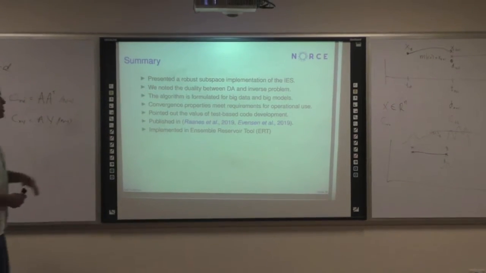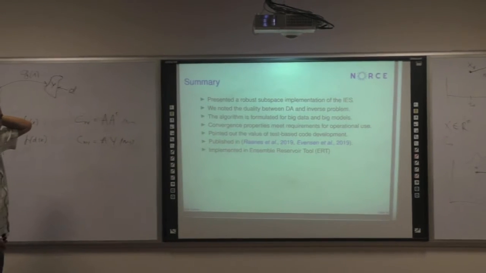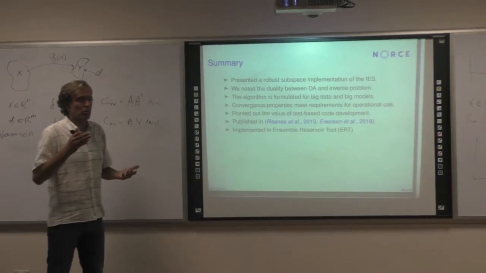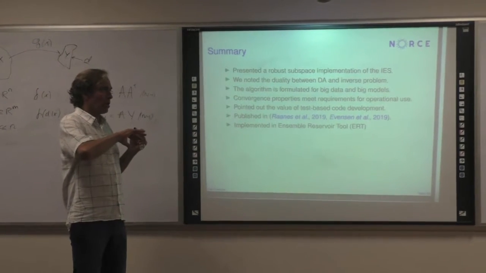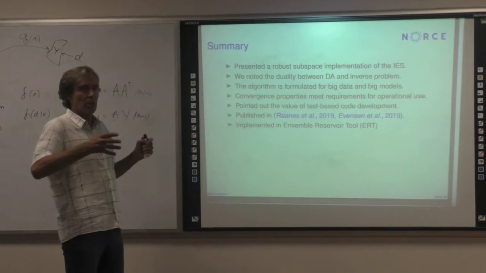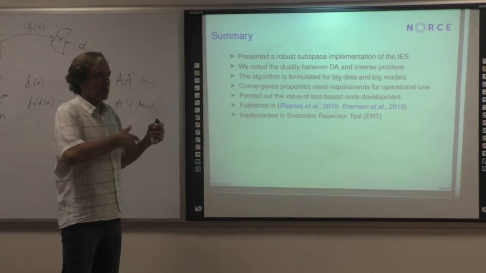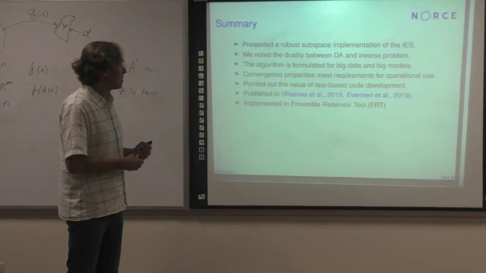So I presented this new subspace implementation of the iterative ensemble smoother. You could ask why we will not use square root formulations or other methods, but I kind of like this. I like to formulate the problem as a sampling of the posterior, and then it's just a stochastic sampling of the posterior, and that's exactly what we are solving here.